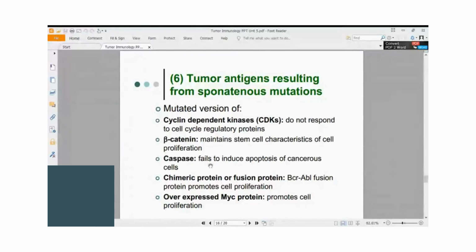Similarly, the chimeric proteins, which you don't see in the normal cells, are called fusion proteins. Generally, in normal cells, whenever one particular gene acts, that gene product will be a particular protein. Now here you see two genes will be brought together, for example, BCR and ABL.